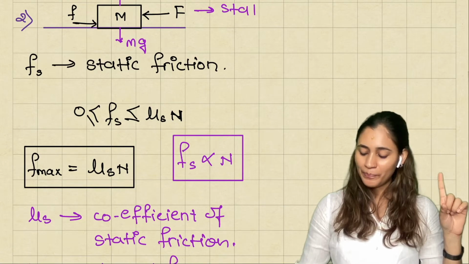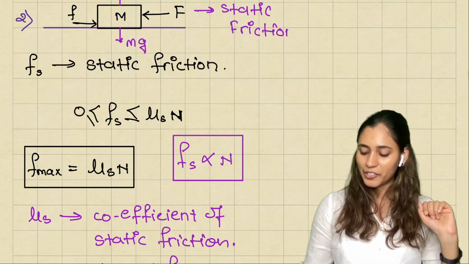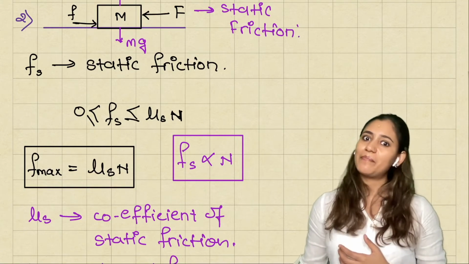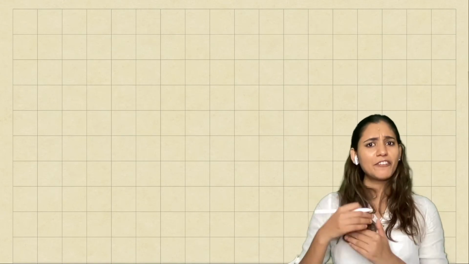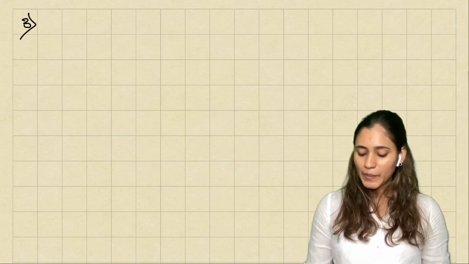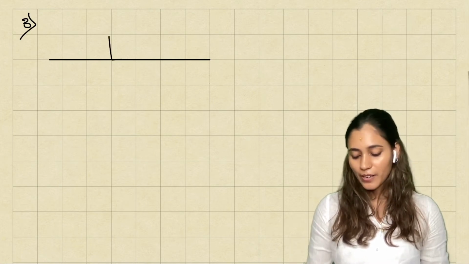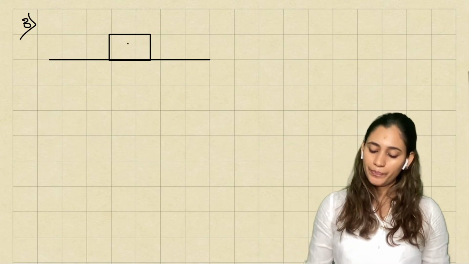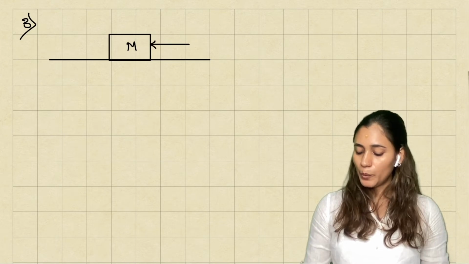Right now we are discussing the types of friction, and we got the first type, static friction. Now we will carry forward the same example. We are going to increase the intensity of the external force applied on this block, the same block of mass m.